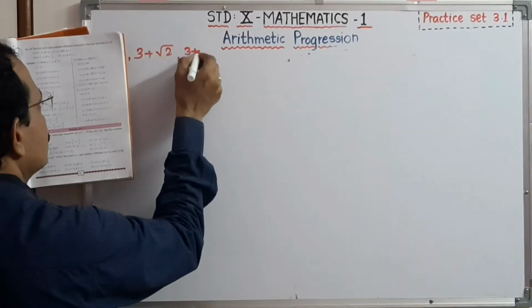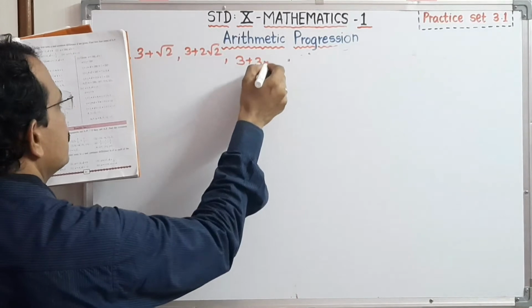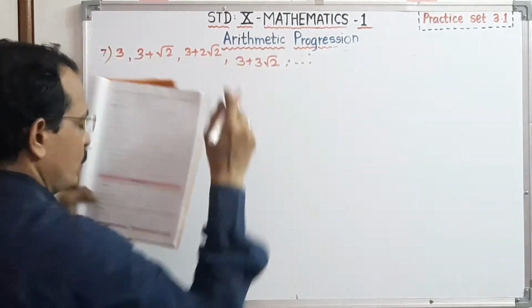That will be the 7th one. The 7th one is 3, 3 plus root 2, 3 plus 2 root 2, and here it is 3 plus 3 root 2 and so on.